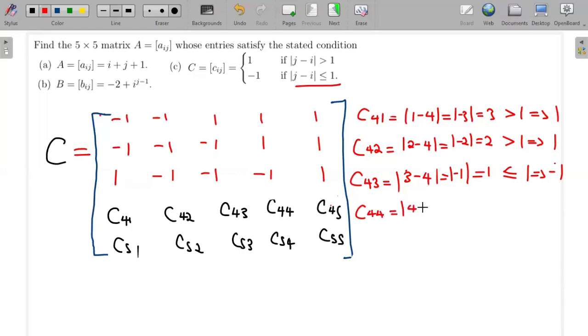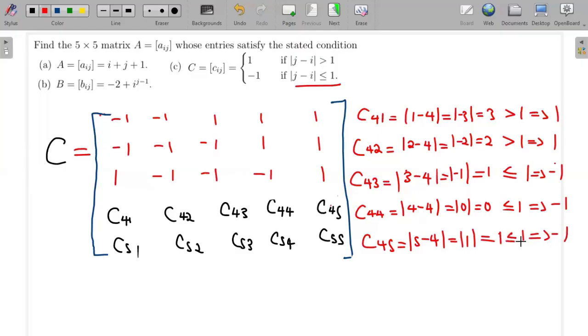This one will be 4 minus 4, which will just be modulus of 0, which is equal to 0. This is less than or equal to 1, so the answer there is minus 1. What about C45? This one will be 5 minus 4, so it will be the modulus of 1, which will just be 1, which is less than or equal to 1. So the answer there is minus 1.